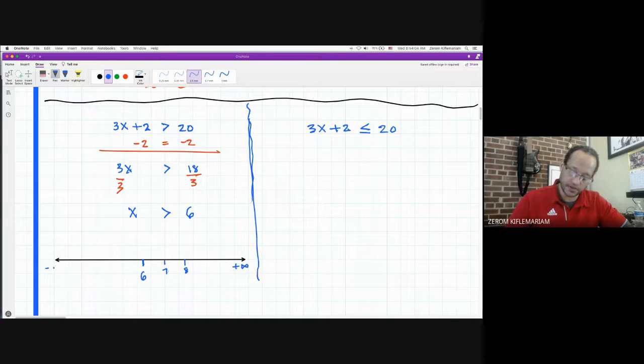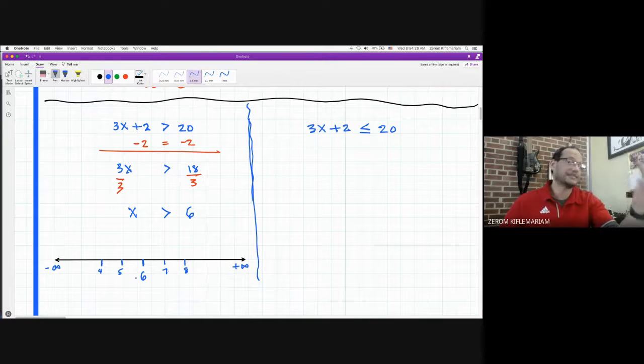On this side, it goes to negative infinity, and I have, let's say, 5, 4. So what is my answer? My answer says x is greater than 6. X is greater than 6 would be 10 is greater than 6, 15 is greater than 6, 500 is greater than 6, 5,000 is greater than 6, 5 million, a billion.